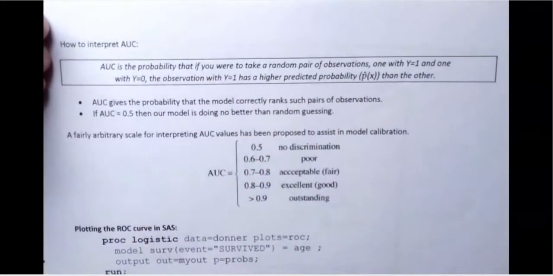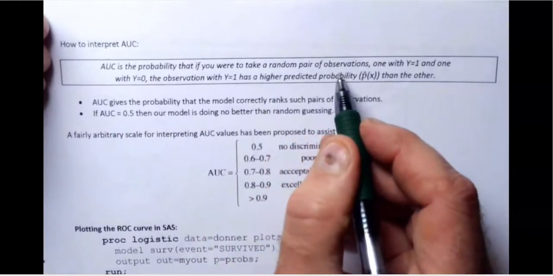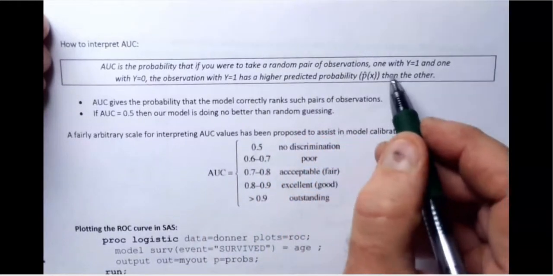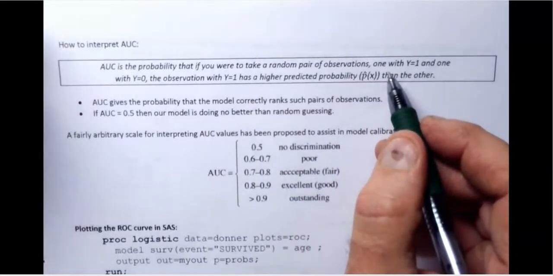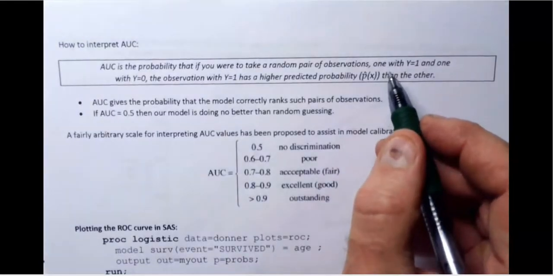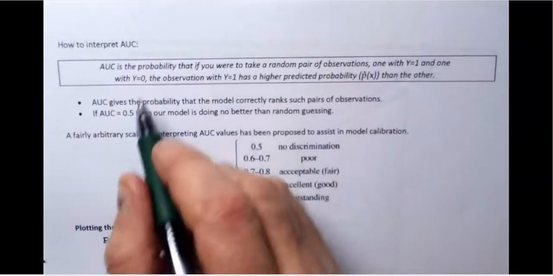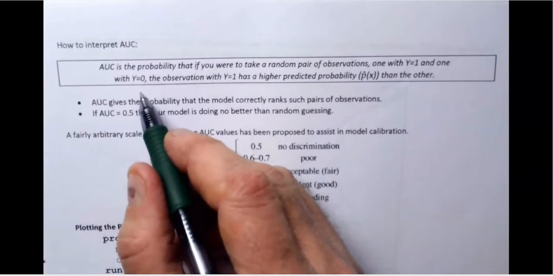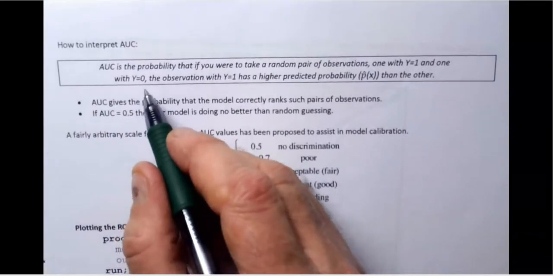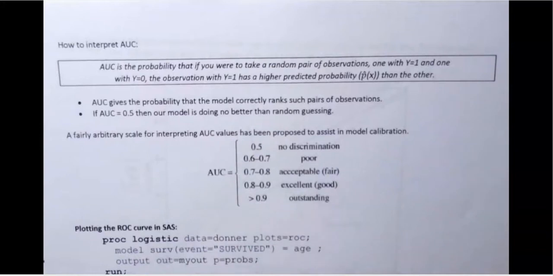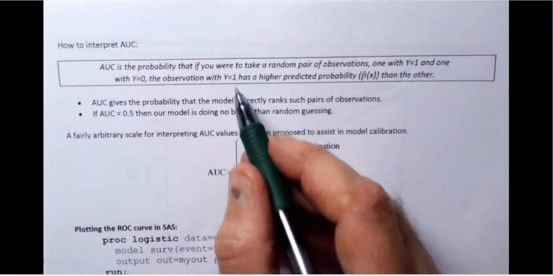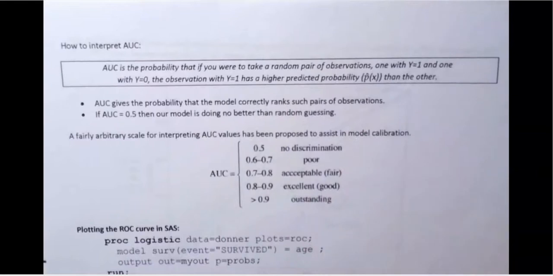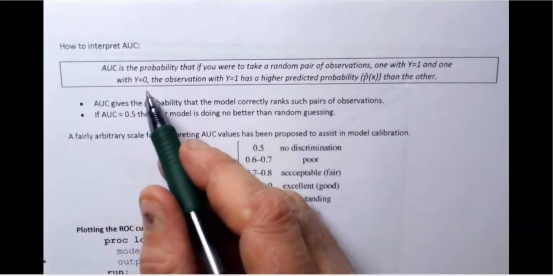If you were to take a random pair of observations such that one of those observations had y equals 1, that is, if we did this with the Donner Party data, one of those observations the person survived and the other one had y equals 0 or the person died, then the area under the curve represents the probability that our classification model would actually find the person who survived. The person who survived would have a higher predicted probability than the person who died. That's what the area under the curve is actually telling us.